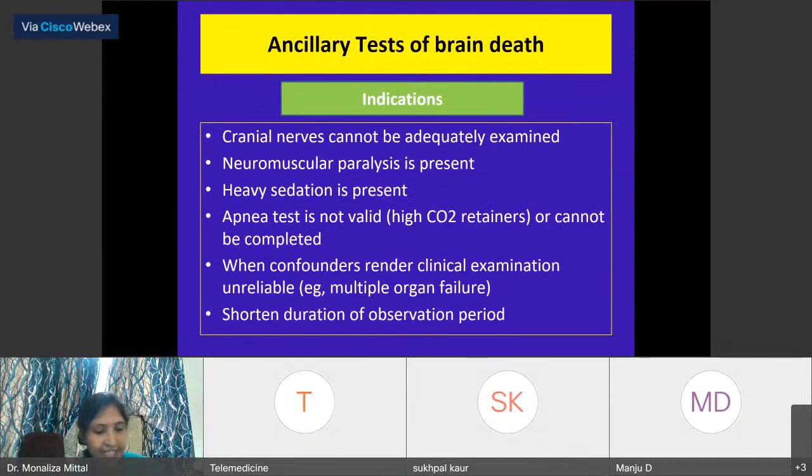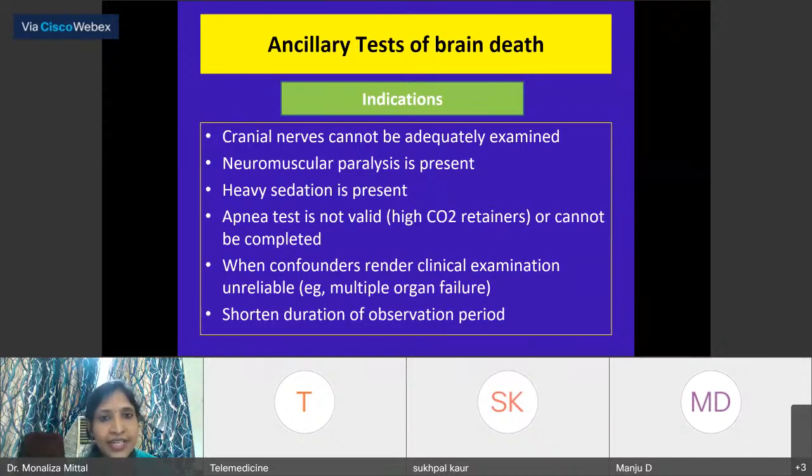Now, besides this clinical examination, sometimes we need to go for ancillary tests. These are confirmatory tests, which are optional and reserved for situations when clinical diagnosis cannot be completed or is doubtful.